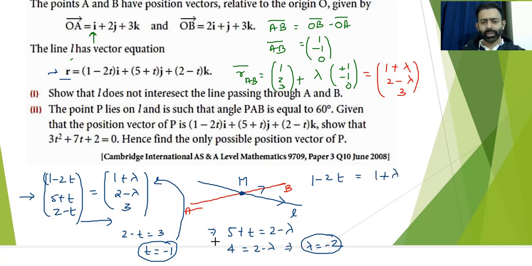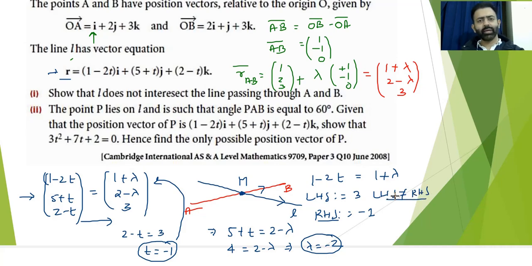So putting t equal to minus 1, your LHS will become 1 minus 2 into minus 1, which is 1 plus 2, which is 3. And your RHS will become 1 minus 2, which is minus 1. So as you can see, the i component, or the x component, are not equal.